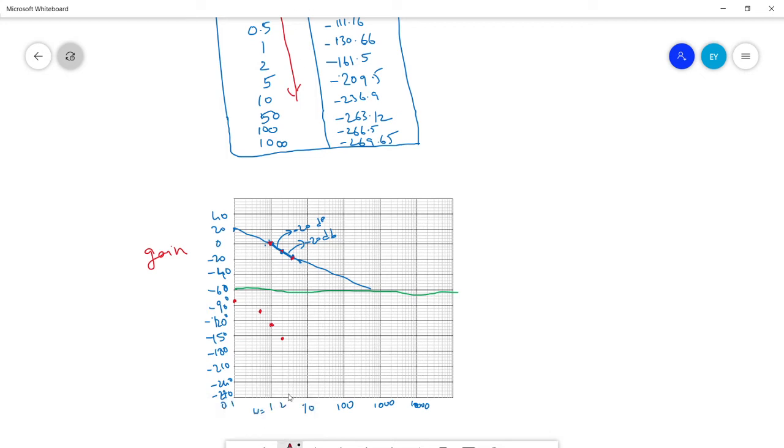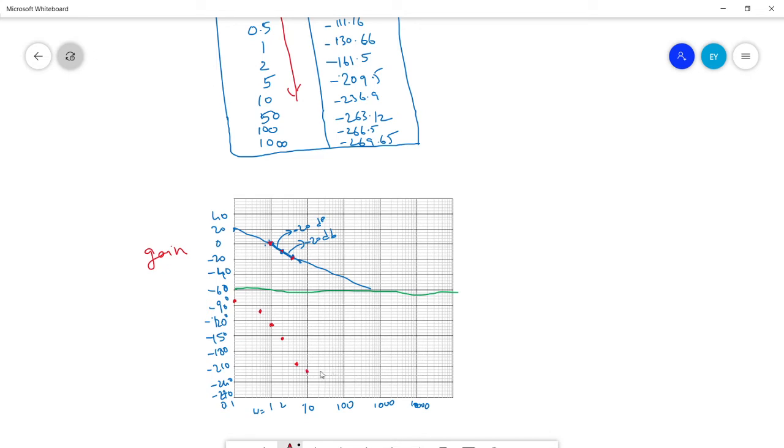At 5 means this is 2, 3, 4, 5. 209 is somewhere here. Then the next point is at 10, 236.